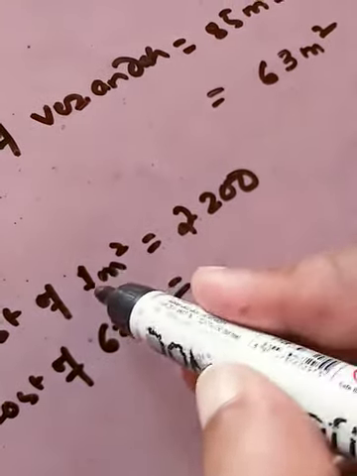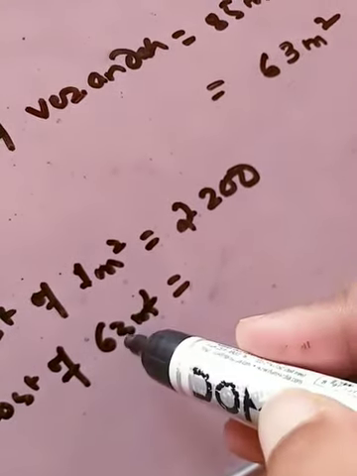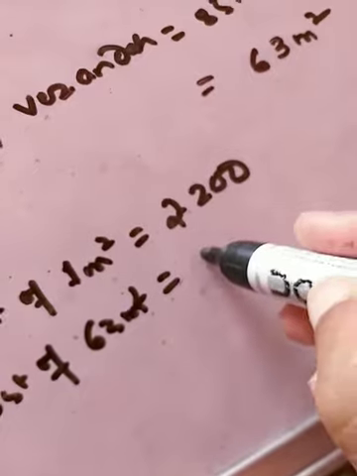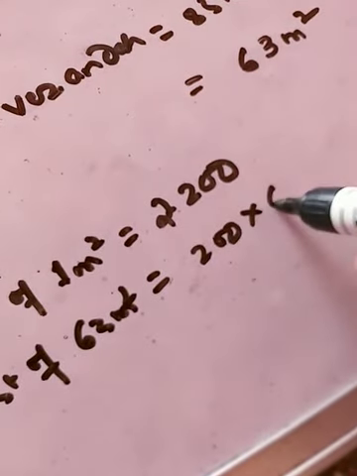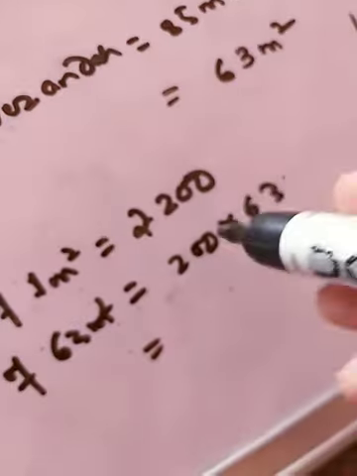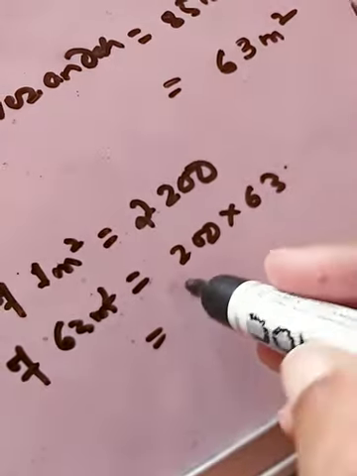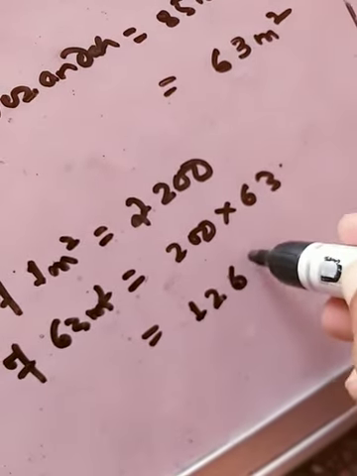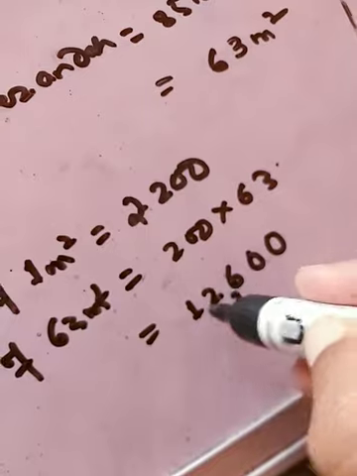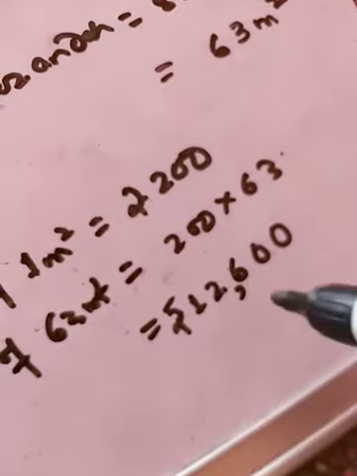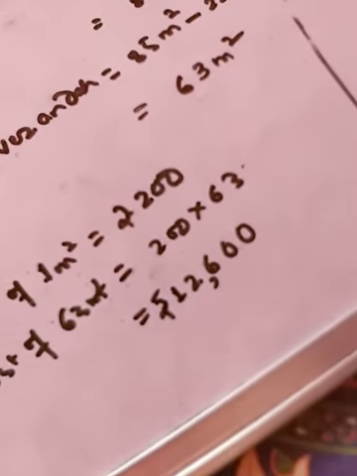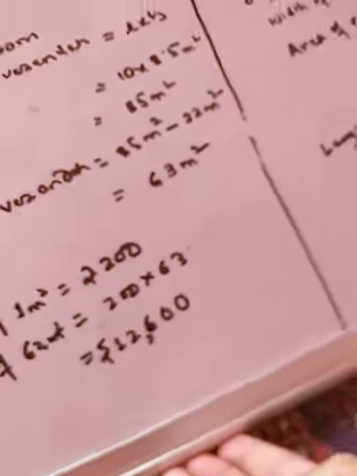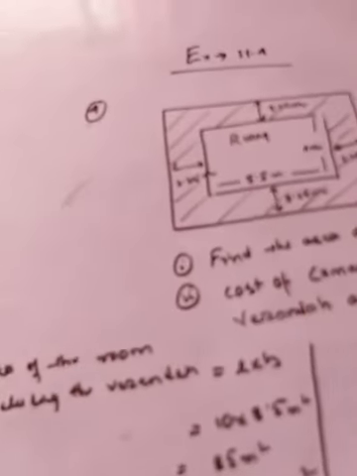Definitely more, because the cost of 1 meter square is 200. So the cost of 63 meters square would be much more than that of 1 meter square. So just multiply 63 into 200, it will be 12,600. It will cost you 12,600 rupees. So this is the solution of question number 4, students.